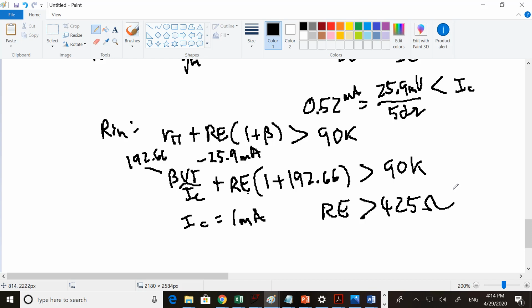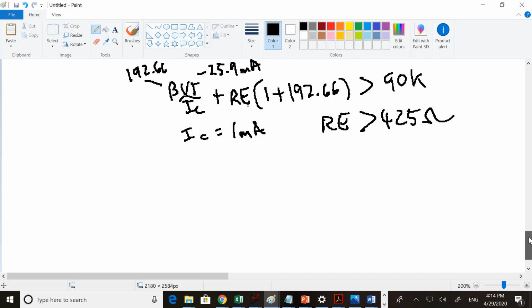Okay. And so now we have a current and a resistor. RE needs to be greater than that.